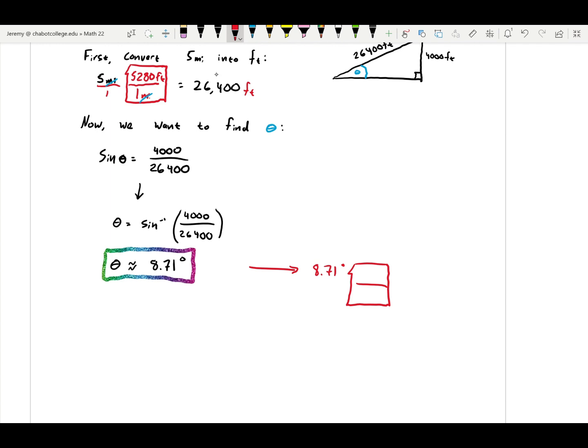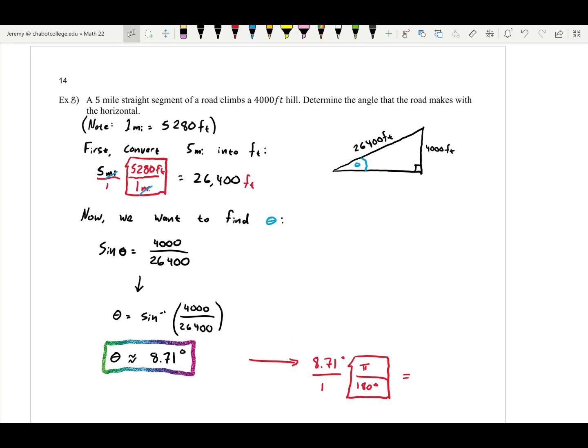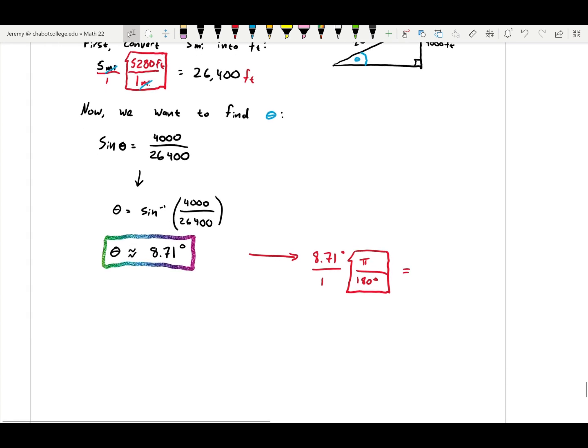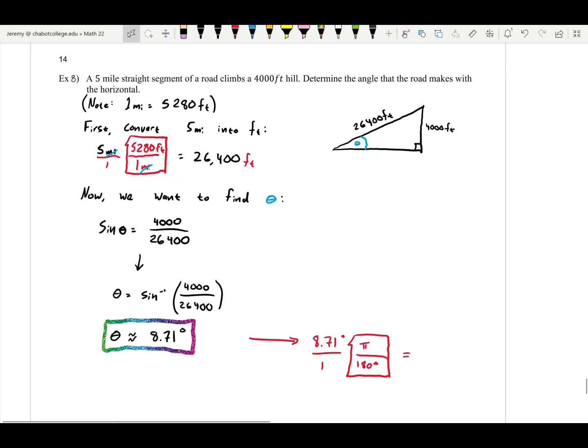If we're trying to cancel out the degrees, the 180 degrees would go down here, and then pi would go up top, and you could multiply straight across and get your answer in terms of radians. So if I don't specify in a problem, like I don't in this one, I'm happy with either of those answers. But that brings us to the end of this section on inverse trig functions.